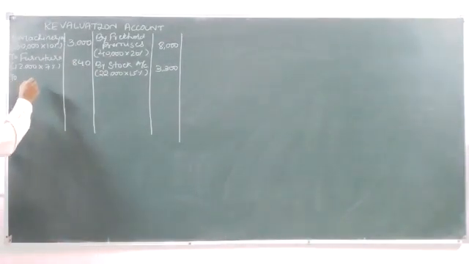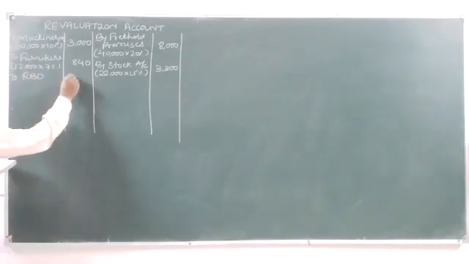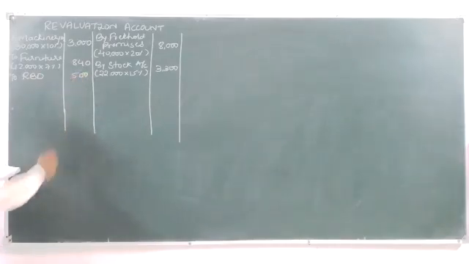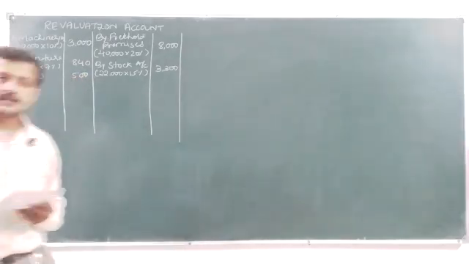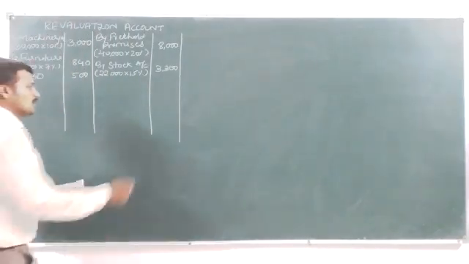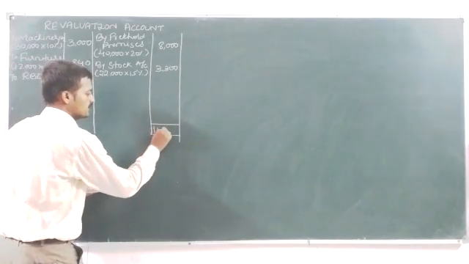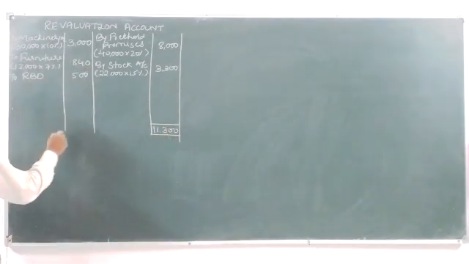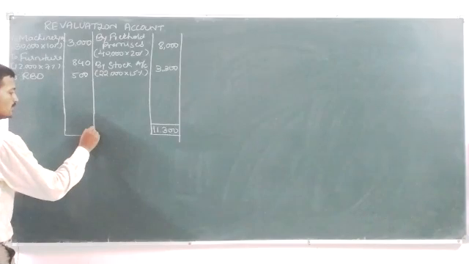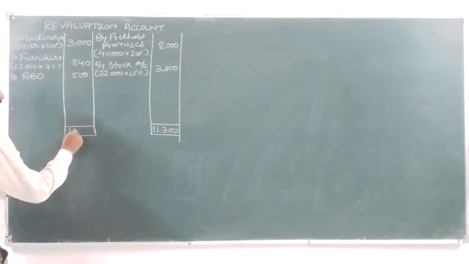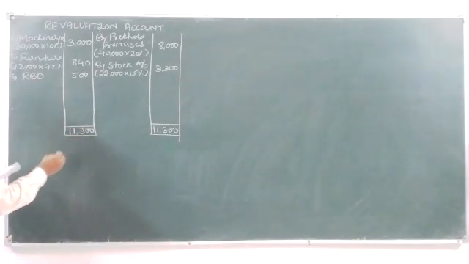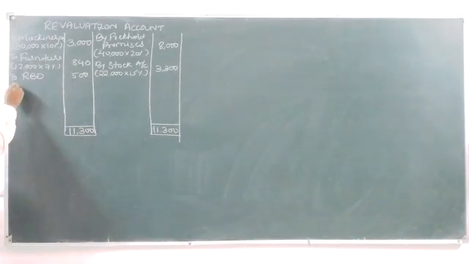So I write to RBD, that is 500. It's nothing but 1,500 minus 1,000. So this side total is 11,300. And here also the same total should be given, that is 11,300.